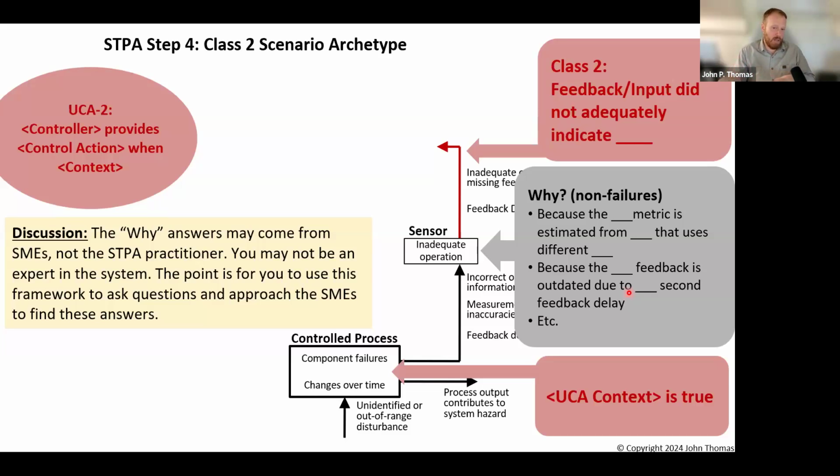Typically, you would have someone who knows the process that I'm showing you, the STPA practitioner, and their job is not to come up with all the answers, but to come up with the questions, right? To present to an SME, hey, how can this be happening, but the feedback says X? And we've tested exactly that.